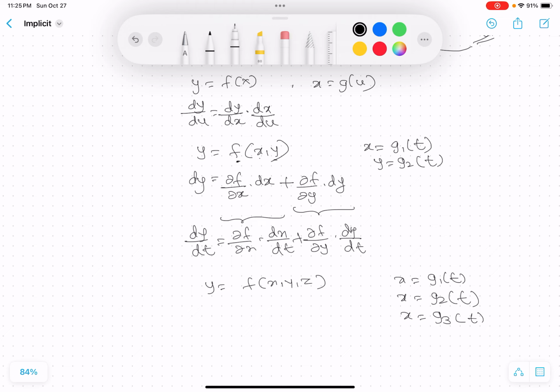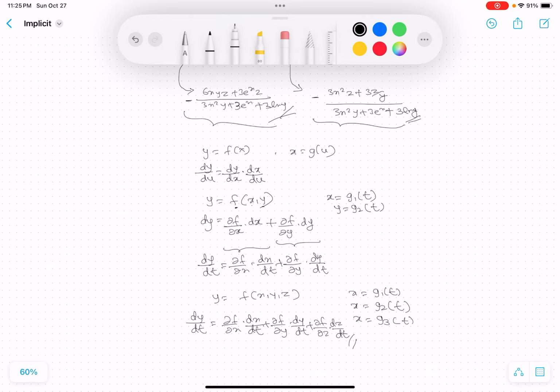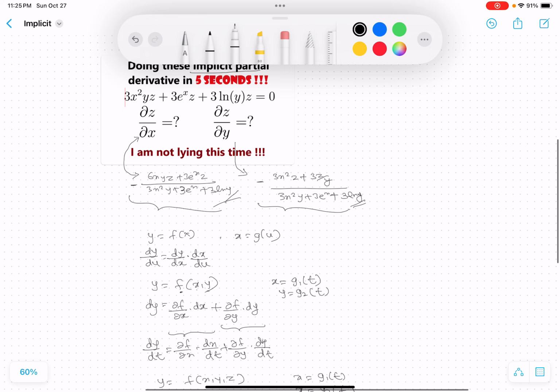Now if I want to differentiate with respect to t, this will be partial f by partial x times dx by dt plus partial f by partial y times dy by dt plus partial f by partial z times dz by dt, right? We are going to use these formulas so that we will later be able to do these calculations using some special formulas that we are going to derive in this video.